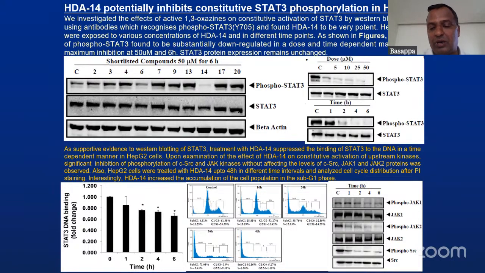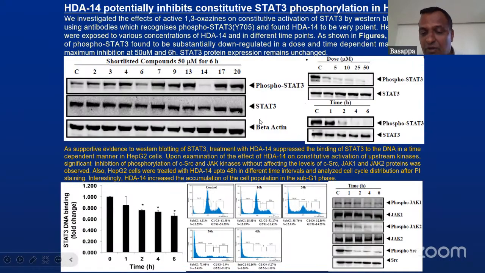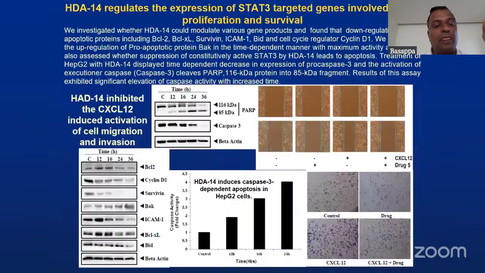Further, you can see here the Western blot analysis: phospho-JAK2 decreased, and the phosphorylation of STAT3 decreased. So both signalings are abolished when the compound treatment was there in HCC.